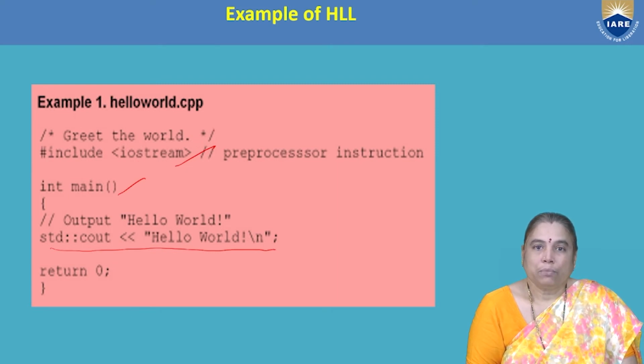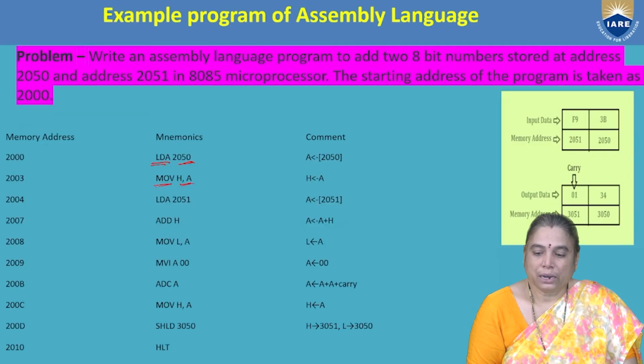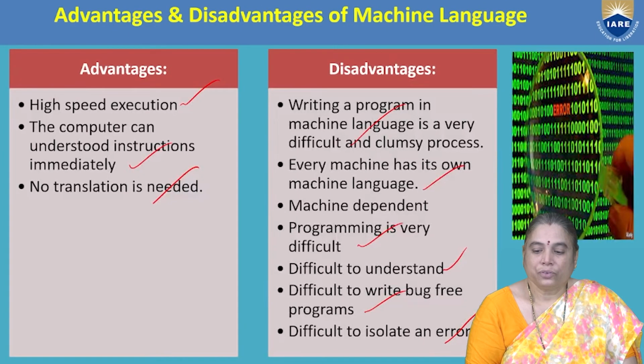So the readability and understandability of the code are increased in the case of high-level languages. But if you observe the machine language code, it is a stream of zeros and ones, so it is very difficult to tell for what purpose the code was written.